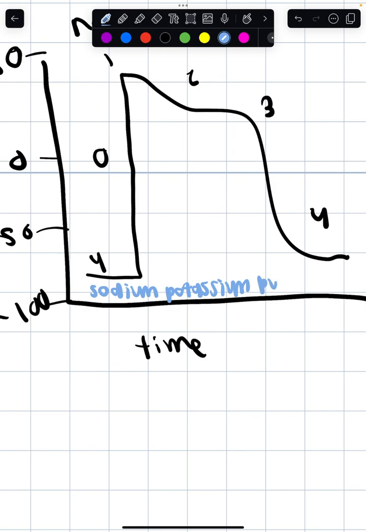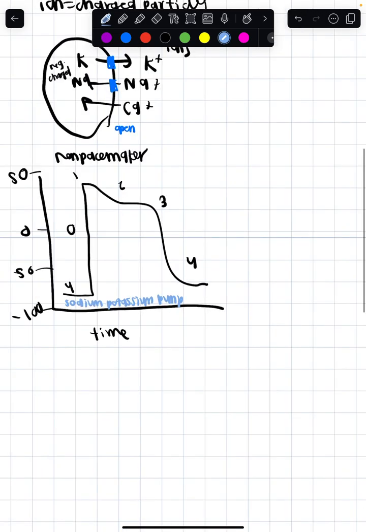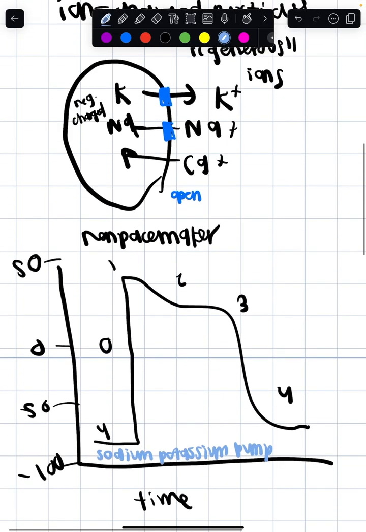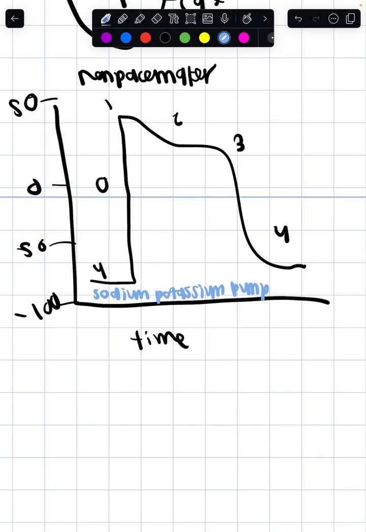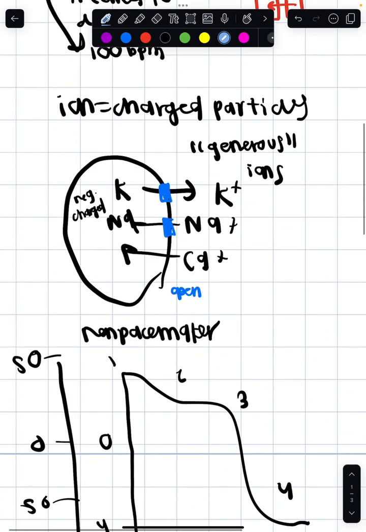And all that is just maintaining that this is our normal electrical state, this is our normal charge, which is what we talked about here, where when we think of normal, we want to think of these guys as being closed, not moving from place to place, kind of in a static position. Well, not so much in a closed position as in a fixed ratio.